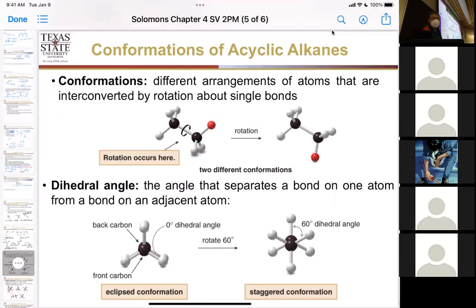So the cool thing is that when we draw these things, we draw them out like this, and that's kind of the skeletal structure. But remember that, and write this down, sigma bonds can rotate. Pi bonds can't rotate. Sigma bonds can rotate.